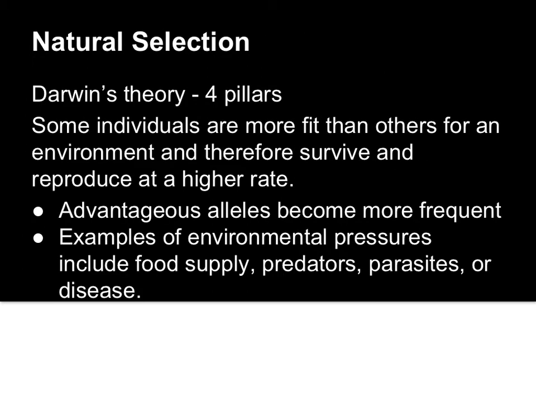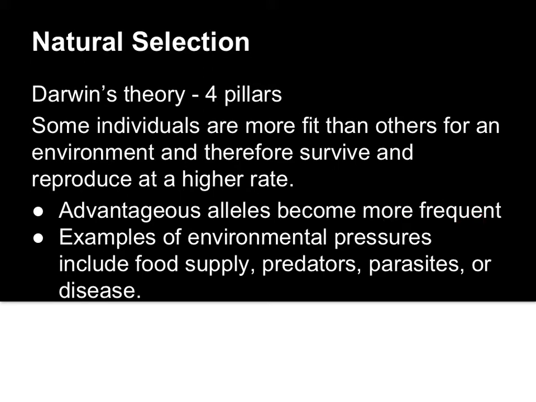Our first one, which we've already talked about a little bit, is natural selection, Darwin's theory. Some individuals are going to be more fit than others for their certain environment, so they're going to survive and reproduce at a higher rate than others that don't live or reproduce as well in that environment. Any alleles that are more advantageous are going to become more frequent, so their allele frequency is going to increase.